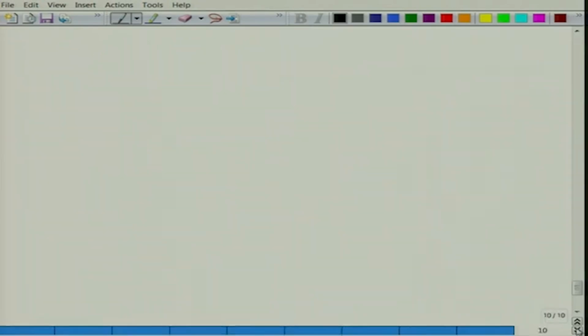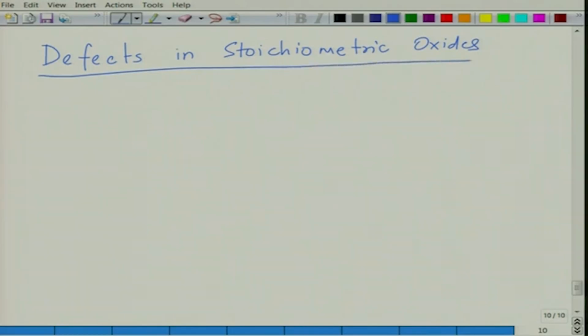So, let us first consider defects in stoichiometric oxides. Stoichiometric oxides are basically those where, when the defects form, they do not change the stoichiometry.